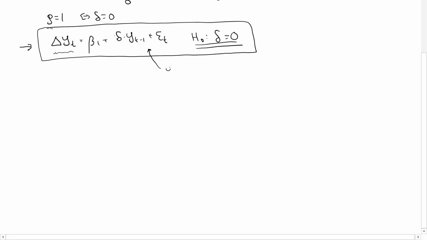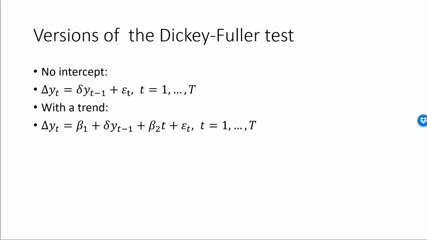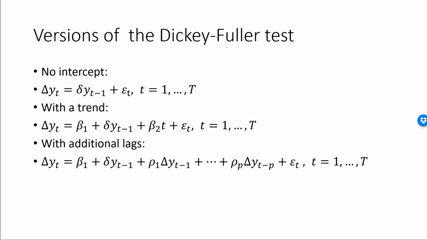So we add, for example, rho 1 delta yt minus 1. So we're not going to discuss the details, but a necessary condition for stability in such a model is still going to be delta equal to 0. But we're allowing for a more general specification for our time series data. You can of course add more than one lag of delta yt. So the general specification becomes this one.